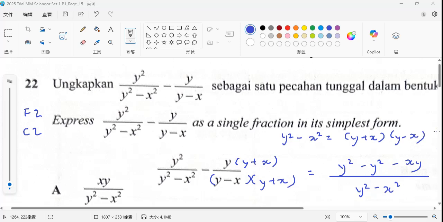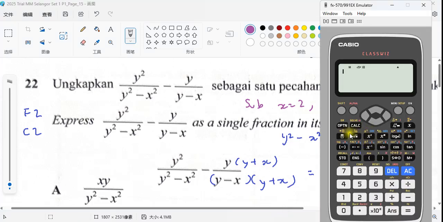Okay, so actually we have one other method to solve it. We can do it this way. You substitute x equals 2 and y equals 3.